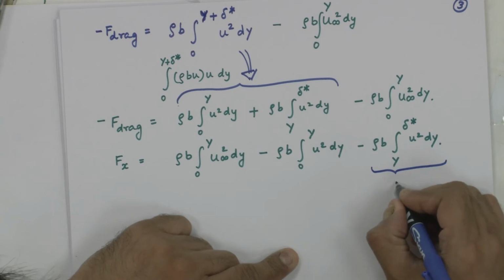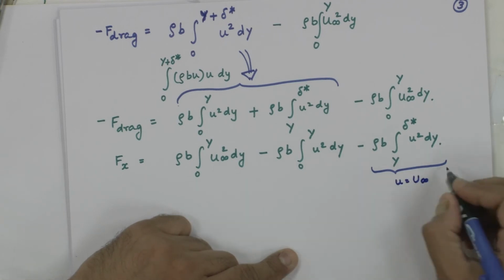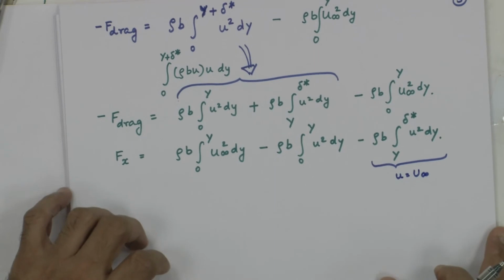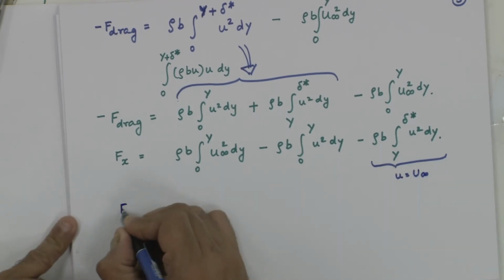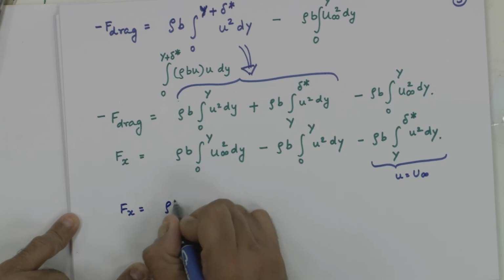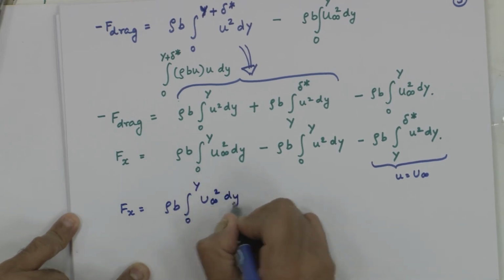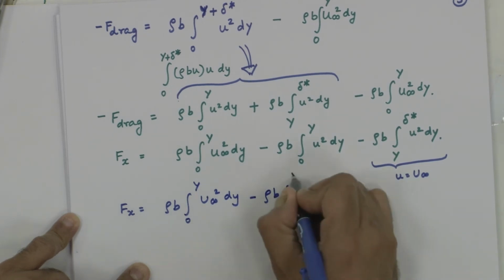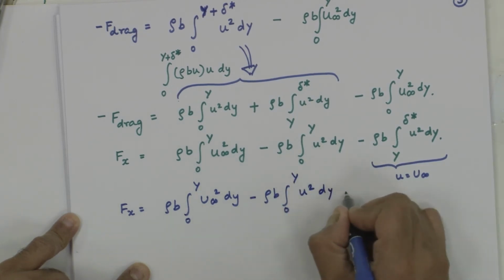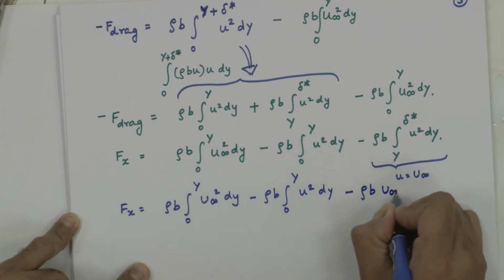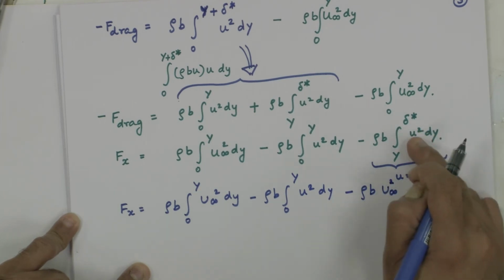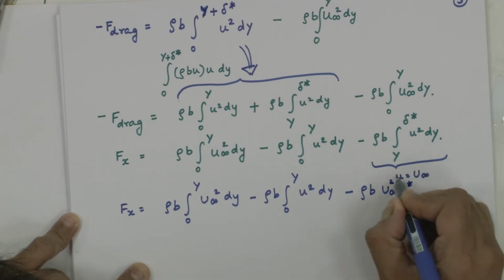Now, let us look at this term. What is the velocity beyond the edge up to delta star? Here u equal to u infinity, correct? So, this integral therefore becomes F of x is equal to rho b integral 0 to Y u infinity squared dy minus rho b integral 0 to capital Y u squared dy minus rho b u infinity squared, which comes out because it is a constant, times delta star.